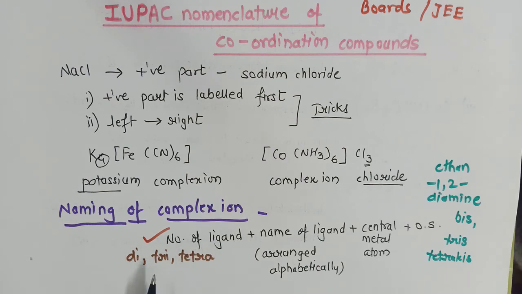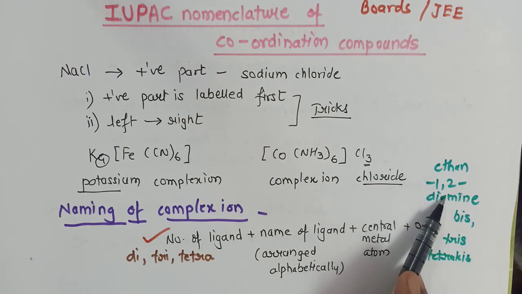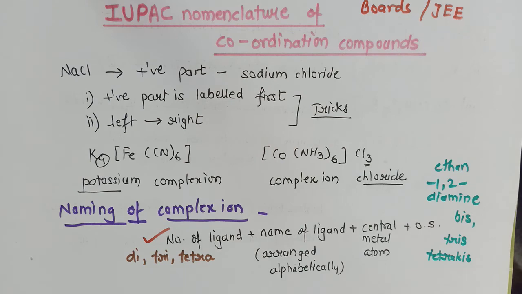Number of ligand, be careful. If it is a already named ligand, then use bis, tris, tetra case. Name of the ligand, arrange it alphabetically. Be careful when it is ambident ligand. Consider the atom through which ligand is coordinately bonded to central metal atom. Arrange them alphabetically irrespective of the charge, irrespective of the number.